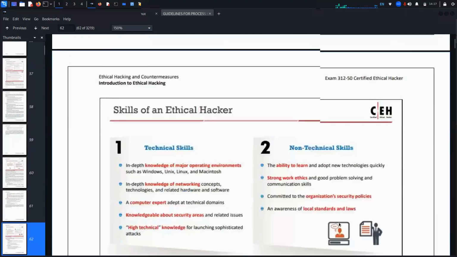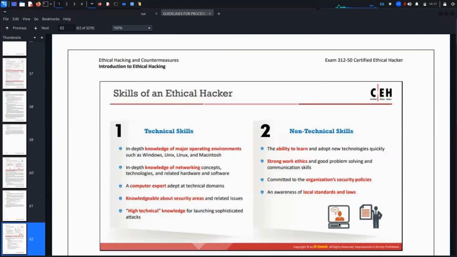Skills: what are the skills that we require to call ourselves an ethical hacker? In-depth knowledge of major operating systems such as Windows, Unix, Linux, and Macintosh. In-depth knowledge of networking, right? Switches, hubs, routers, and configuration of these.